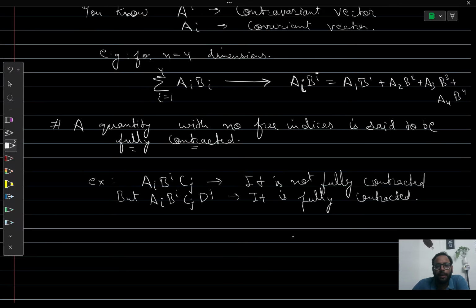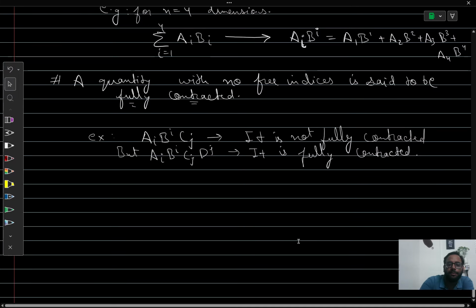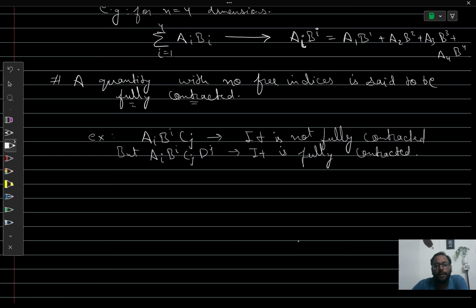There are two repeated indices in the second one, while in the first one a single index is repeated and one is not repeated, so there is only a single free index.